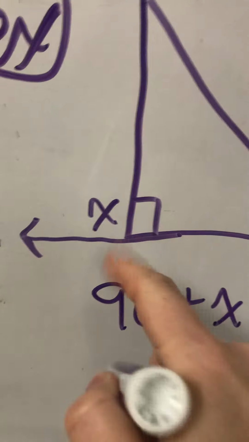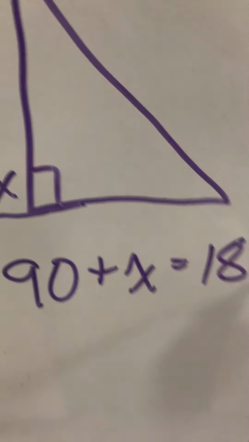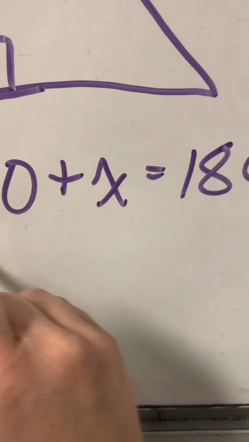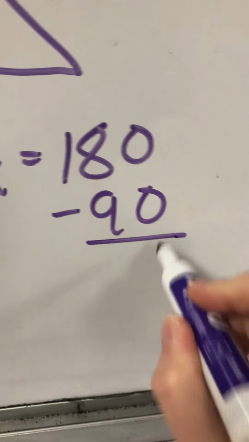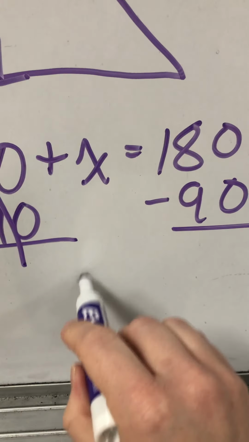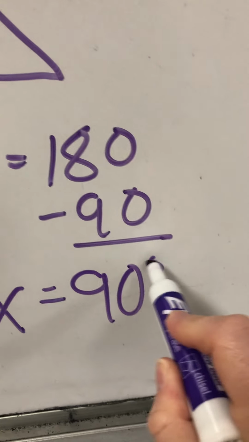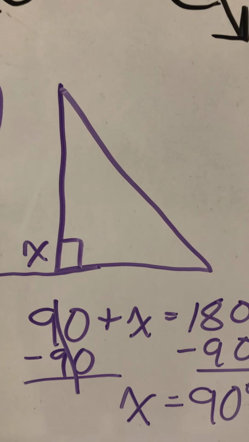I'm setting it to 180 because this is a straight line, so I know that these angles together should equal 180. 90 plus x equals 180. I'm going to subtract 90 from both sides. That leaves me with x over here, and 90 degrees over here. So x would equal 90 degrees.